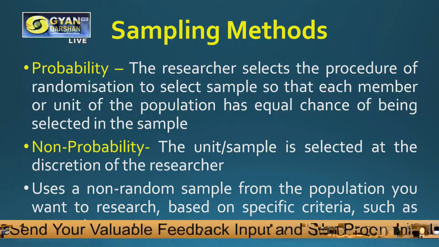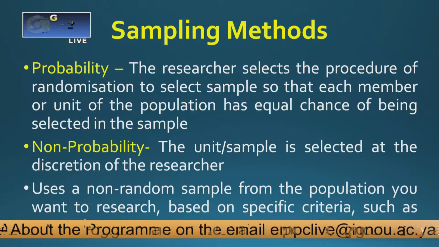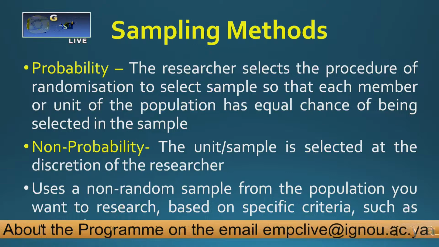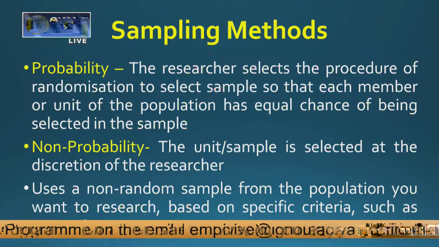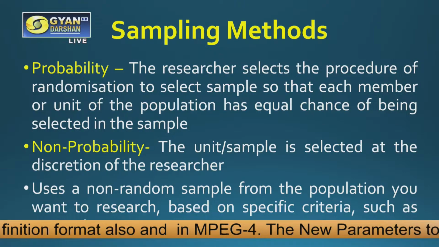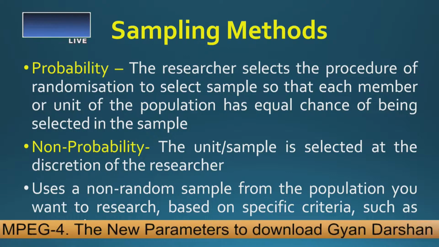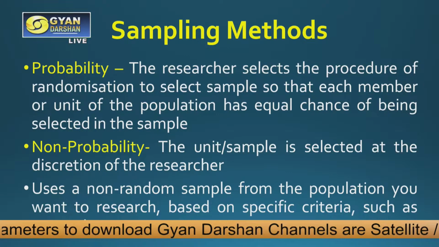How will you give a probability in such a way that each individual gets a chance of being selected in our sample? If in our research each individual gets an equal chance of getting selected in the sample, such a sampling method is known as the probability sampling method.